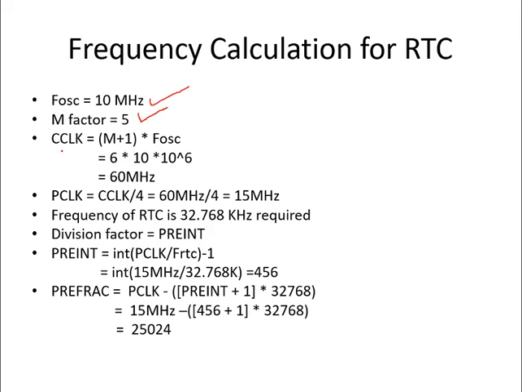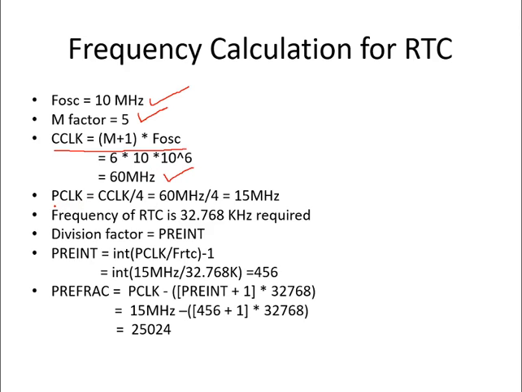In the register you are putting it as M, but when you are doing the calculations it will be M plus 1. So M plus 1 into F oscillator, so it will be 6 into 10 into 10 raised to 6. So we are getting 60 megahertz.